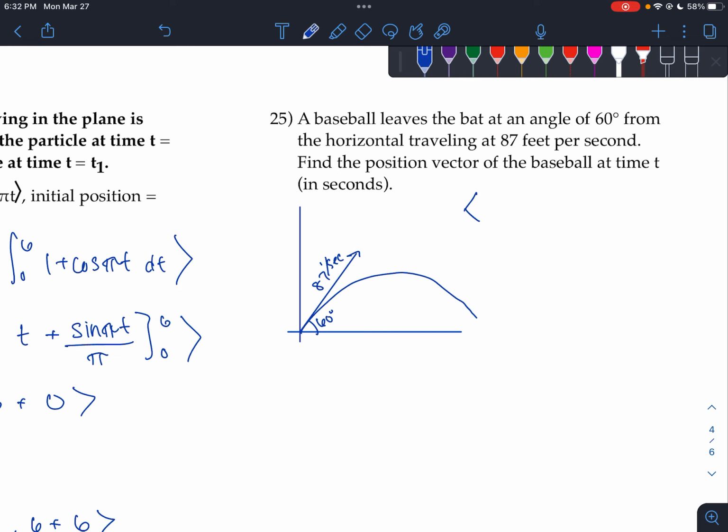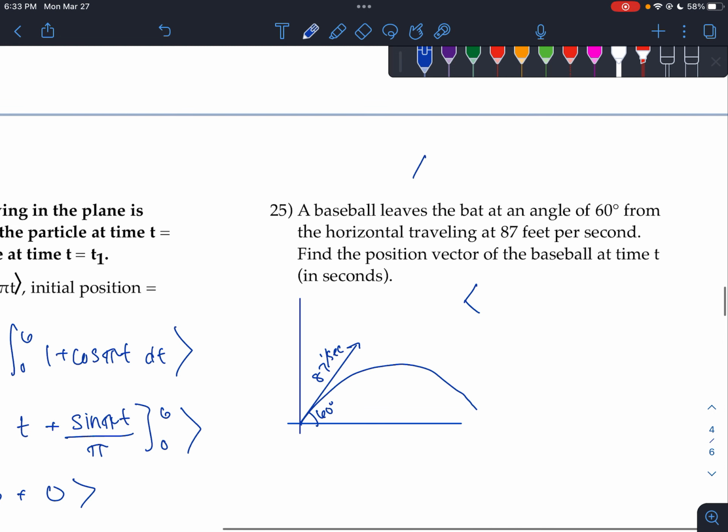For the x variable, remember that if you're going to make a vector, the x value is your magnitude multiplied by cosine of theta times t. In the case of the airplane, you don't need the variable, so if you're just using constants, you don't need the variable. And then the y is going to be the magnitude times sine of theta times t. So that's what it's going to consist of.